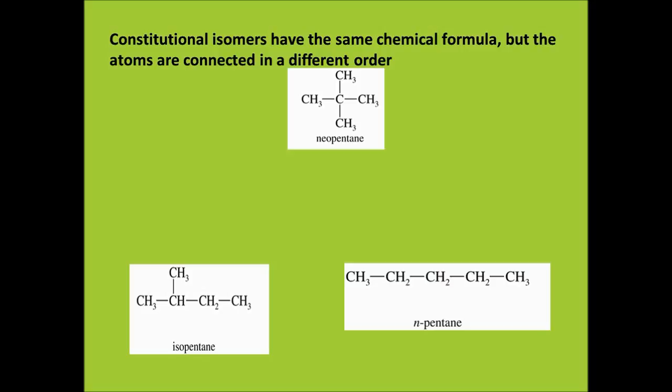However, they all behave completely differently because they're connected in a different order. So, neopentane is methyl groups connected to one central carbon, one is a straight chain molecule, and the other is a branched molecule. These are what we call constitutional isomers.